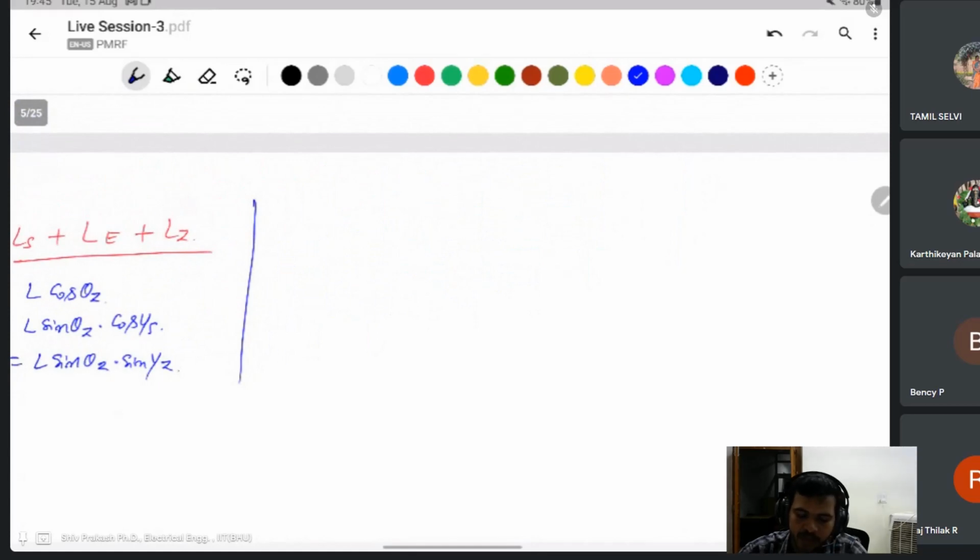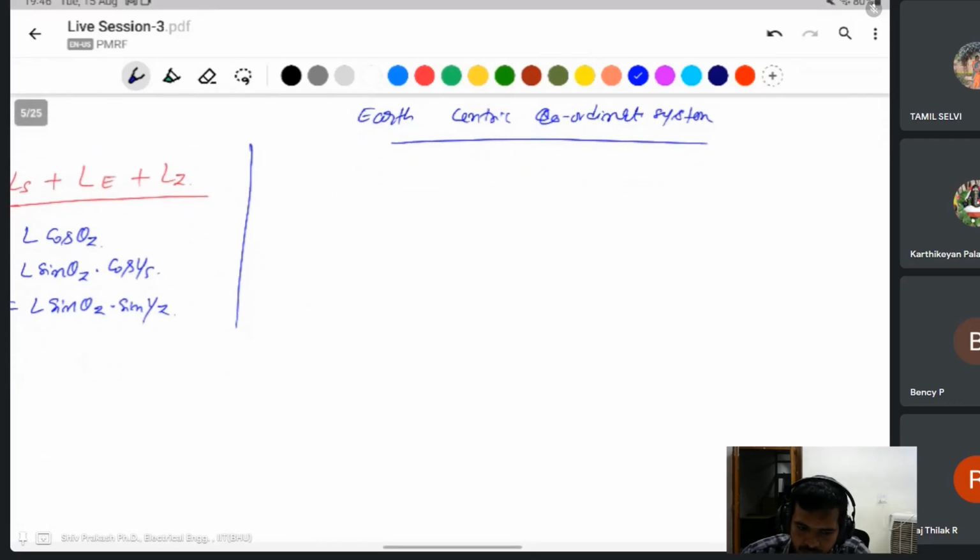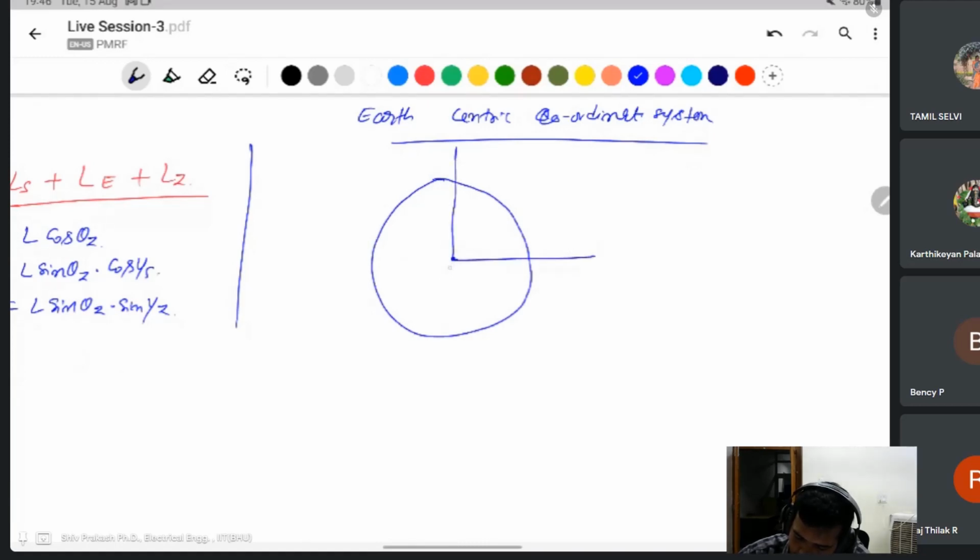Second is the earth centric coordinate system. This one is the polar axis and this one is the meridian axis.